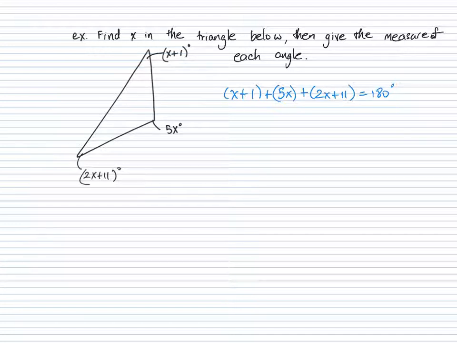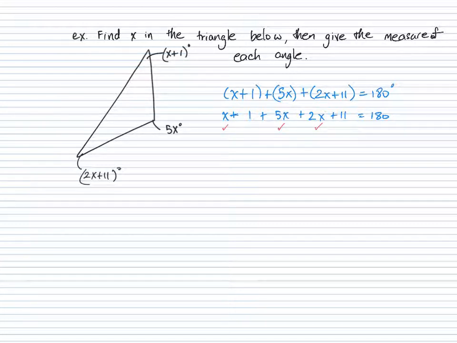All right, and again, this step is not necessary because it's really just the same as what's above, but I'm going to get rid of those parentheses. And so we get that all of that, when you add it up, is equal to 180 degrees. So our like terms here are x, 5x, and 2x.